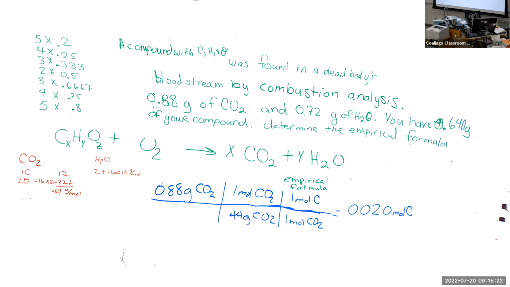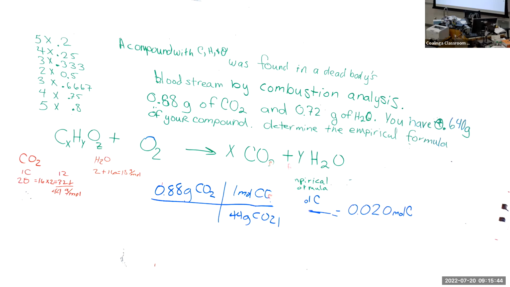Now, oxygen, because we have two sources of oxygen: we have the oxygen from the air, and we have oxygen from our compound. That's going to be important. So we don't care about the oxygen from the air. We care about the oxygen that's in the compound.